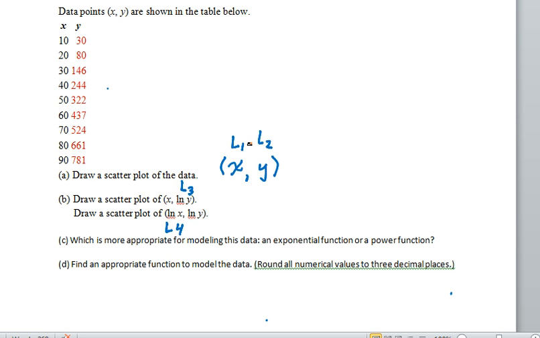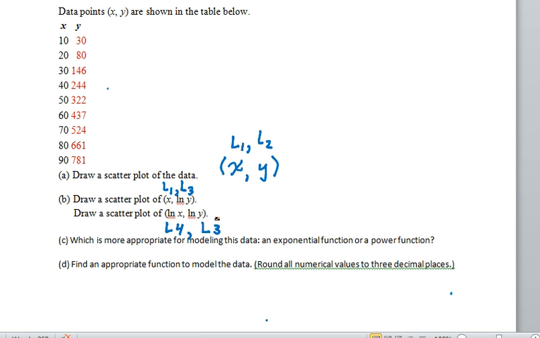So our first scatter plot will be L1 versus L2, the second will be L1 versus L3, and the third will be L4 versus L3. And so when we look at the data in the first scatter plot, it's going to be unclear if an exponential or power function is the best model.